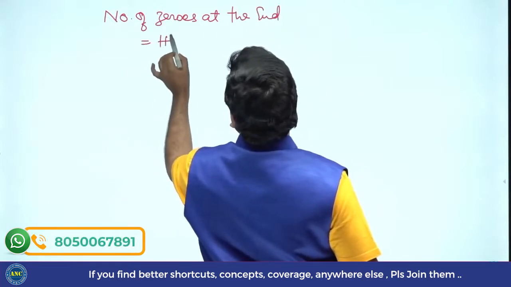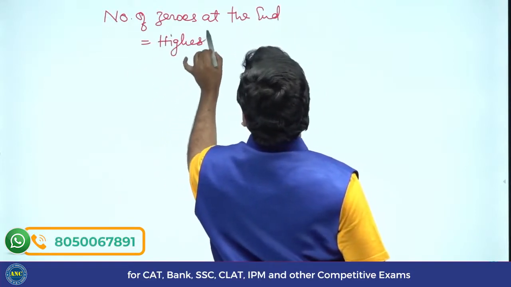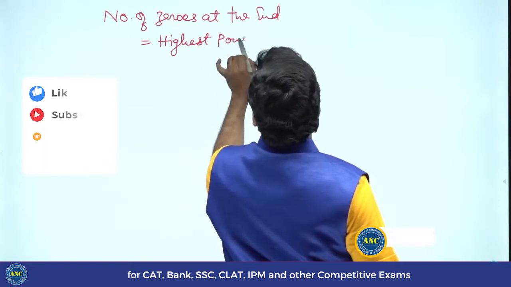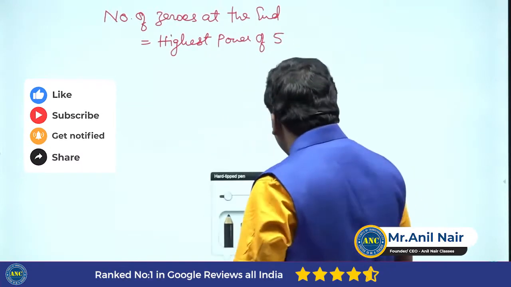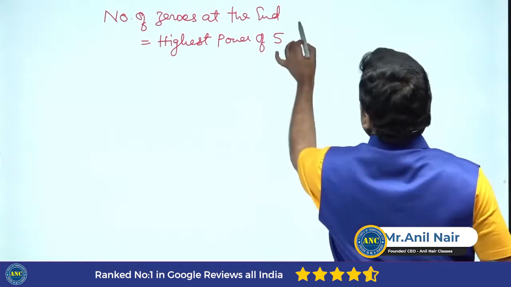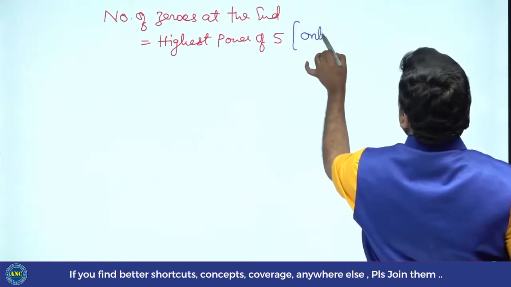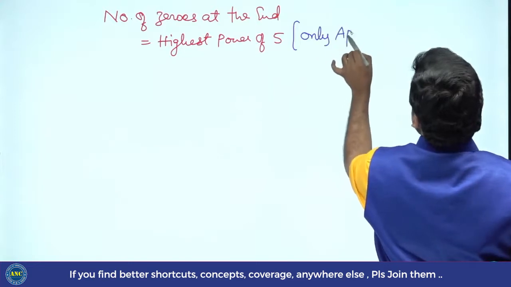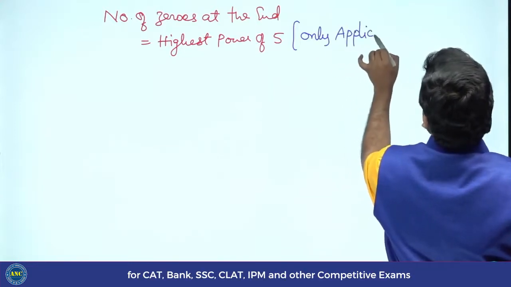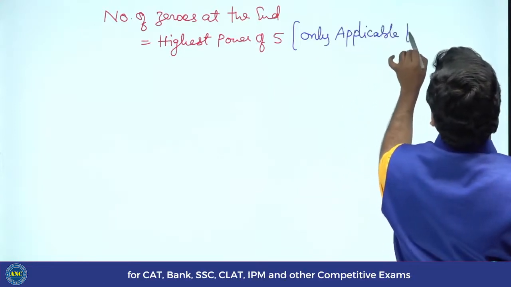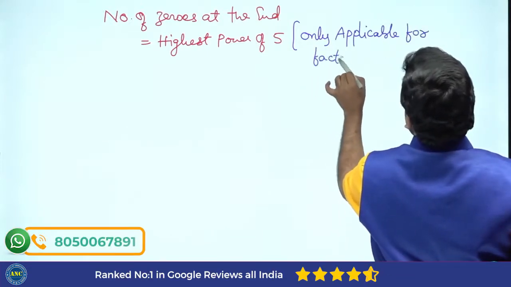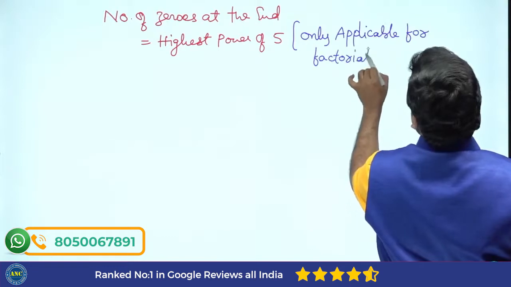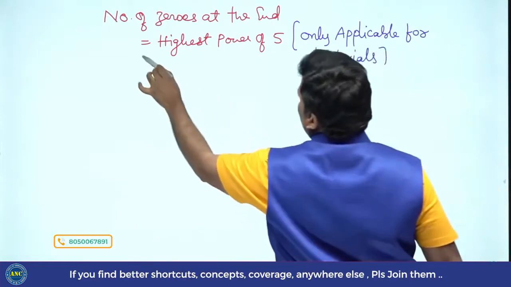Almost all the teachers will say it, but my statement is, it is only applicable for factorials. It is a very, very important key point. Please make a note, sir. Only applicable for factorials, not always.